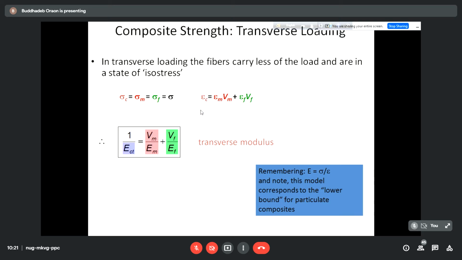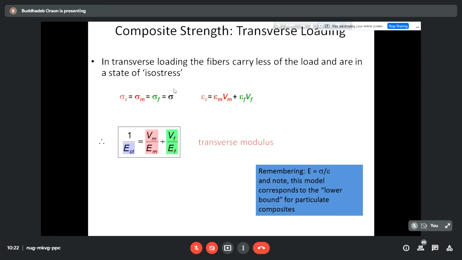The only point to be remembered is that under transverse loading, the strain follows the linear combination. On the other hand, the elastic modulus will not be like this; a slightly different equation will come. As you can see from here, the elastic modulus of the composite under transverse loading, ECT: 1 upon ECT equals Vm by EM plus Vf by EF.